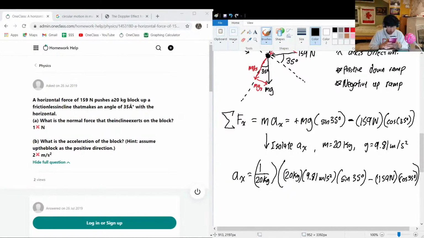Close those brackets. And my final acceleration calculation for this is negative 1.61 meters per second squared in the x direction. Keep in mind, we've said that negative is going up the ramp and positive is going down the ramp. So this is going to be up the ramp.